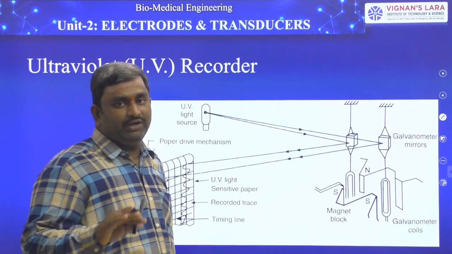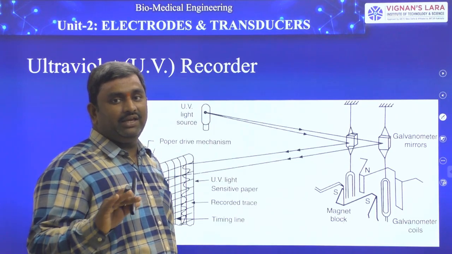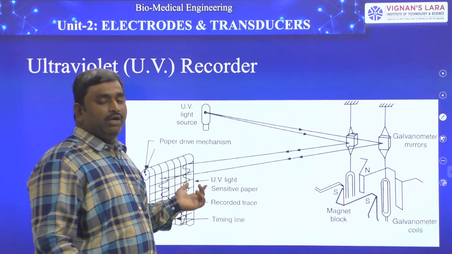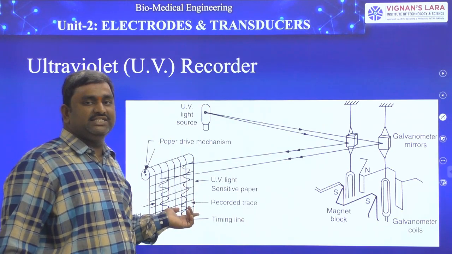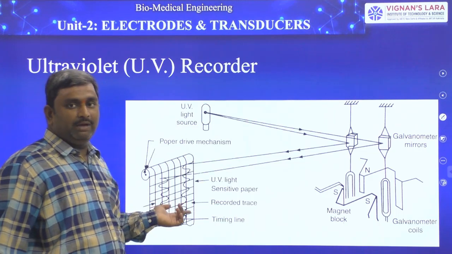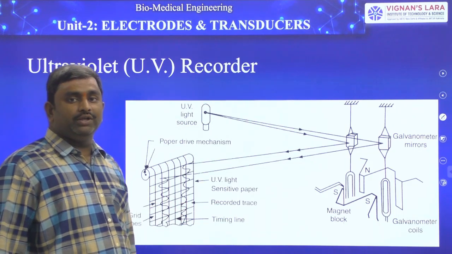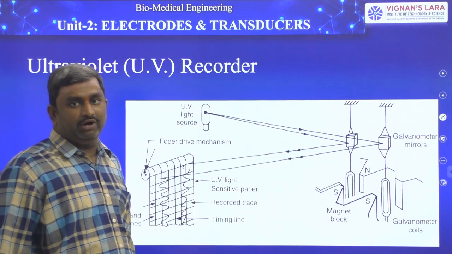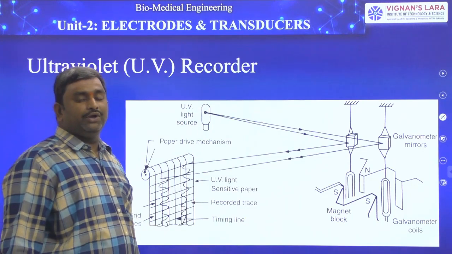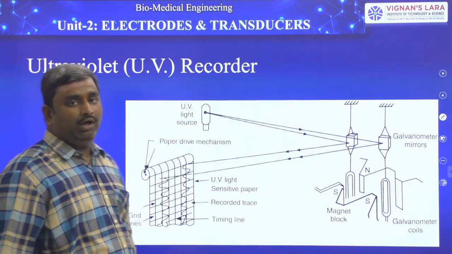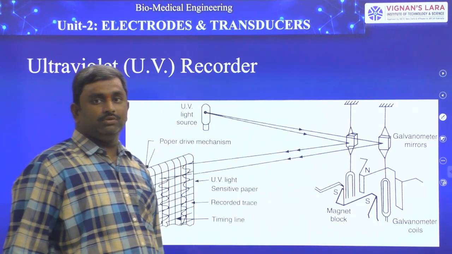Because in most recorders, the ink disturbs the paper. So for eliminating that ink, we have used UV sensitive paper. This is about ultraviolet recorders. Compared to all the recorders, these are very fast, fast-responding recorders.